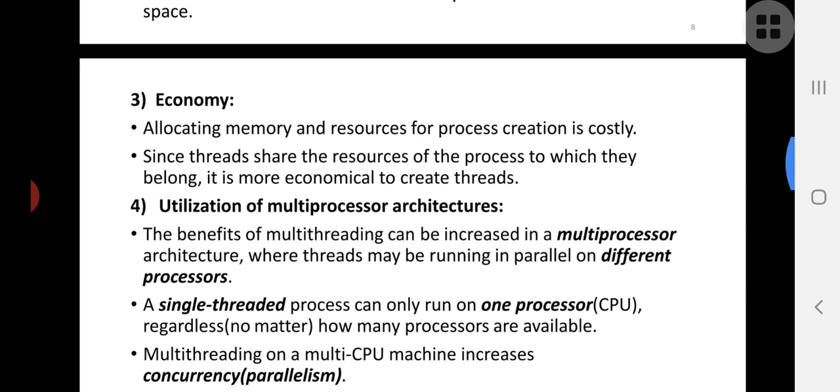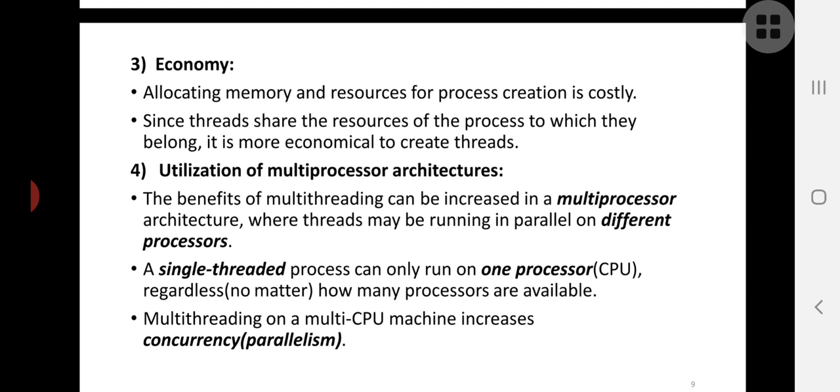Third is economy. Allocating memory and resources for process creation is costly, and since threads share the resources of the process to which they belong, it is more economical to create threads. For example, in a family, there is one father and one mother, and for this couple there are four sons, and in childhood there was no problem.